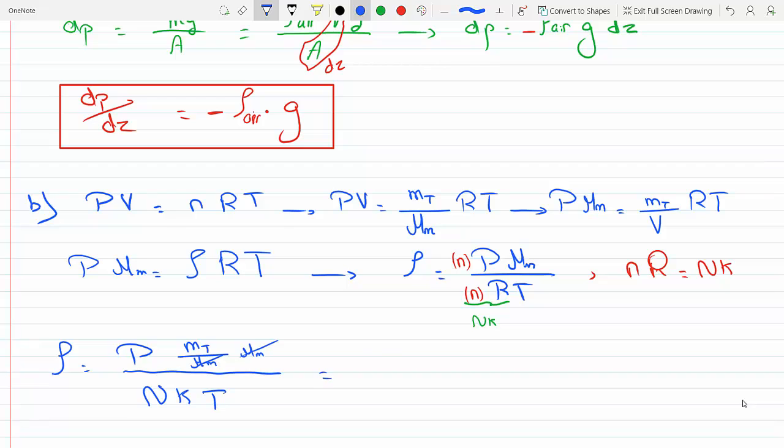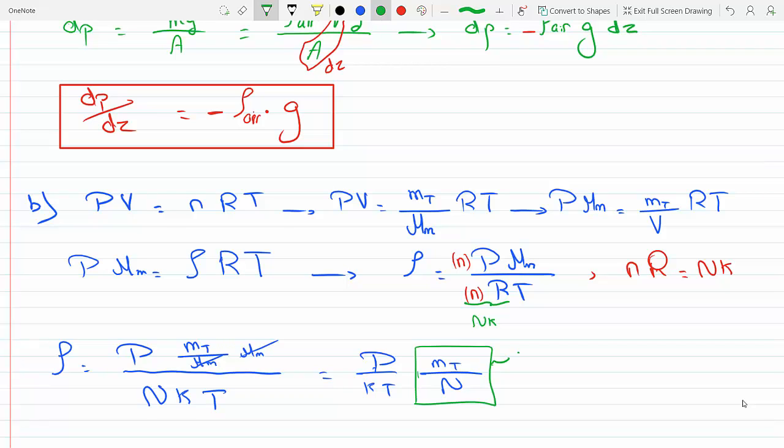So now this becomes P over kT, and here I have m total over N. But the total mass over the number of molecules, that's the total mass of the air over the number of molecules, would give me the average mass of one molecule of air.